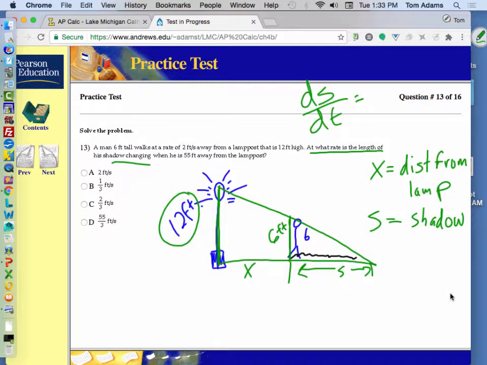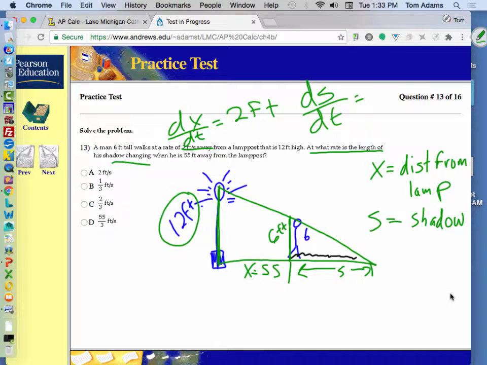Does it give us a rate that he walks away at? Yeah, it does. It says 2 feet per second. So this is actually dx/dt, the rate at which he walks away, equal to 2. Okay, that's good. I'm just randomly going through and labeling things. And then we're told that x equals 55 feet.